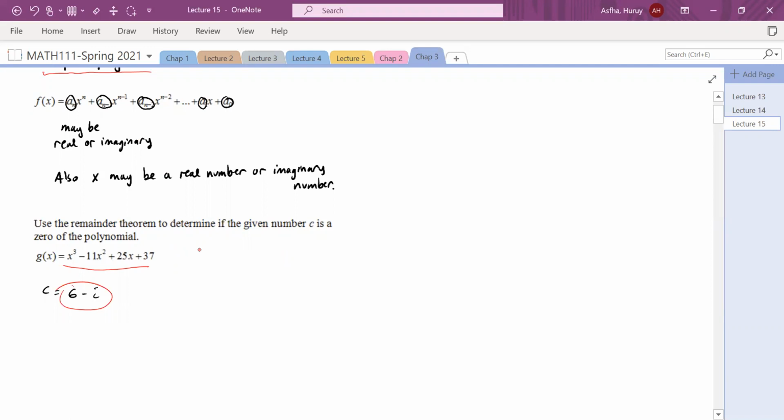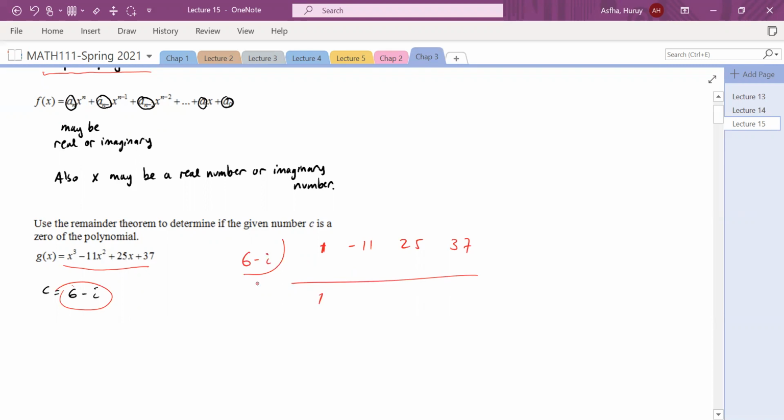I will use synthetic division. So we have c as 6 minus i, and the coefficients are 1, minus 11, 25, and 37.